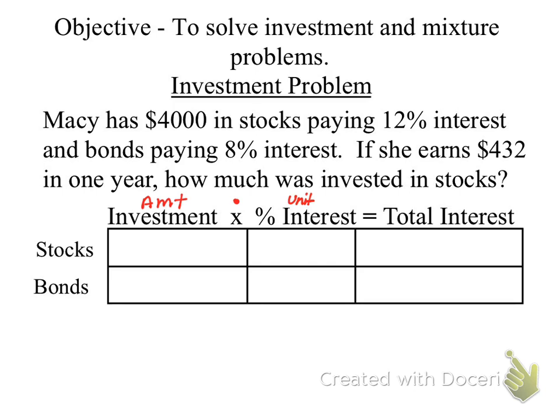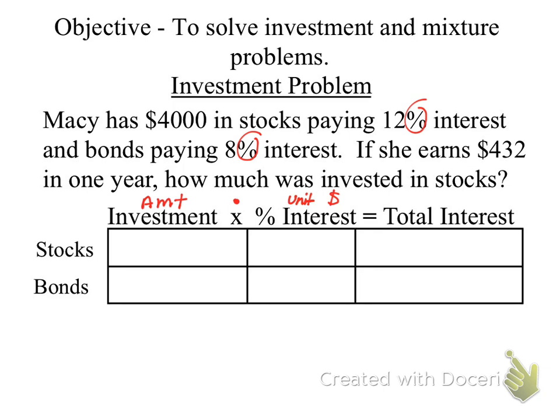It's percents. Percents always go there. And the amount is how much money you're investing, how much of a quantity. So that's why it goes in the first column. Sometimes money goes in the middle, but in this case, the investment is actually the quantity.